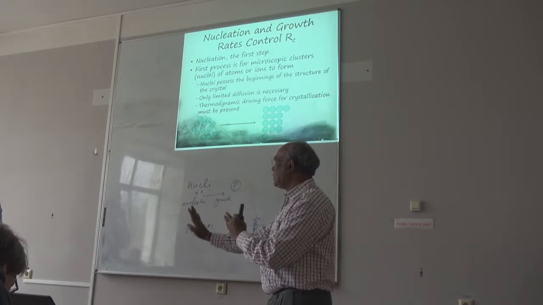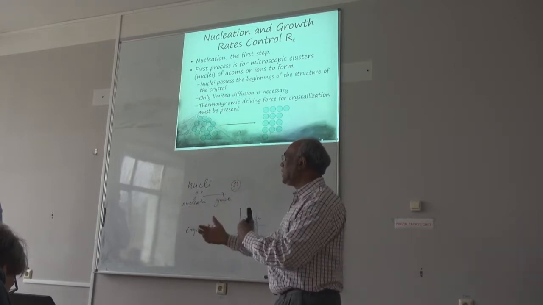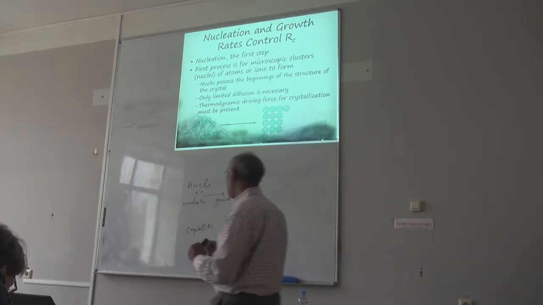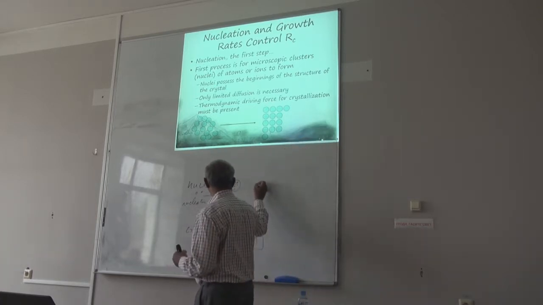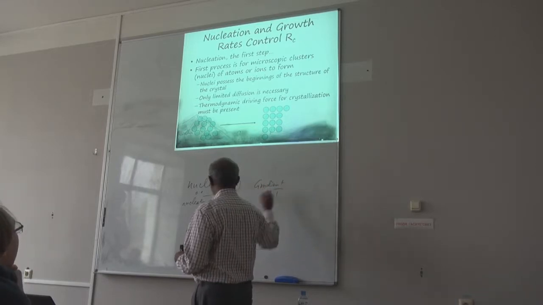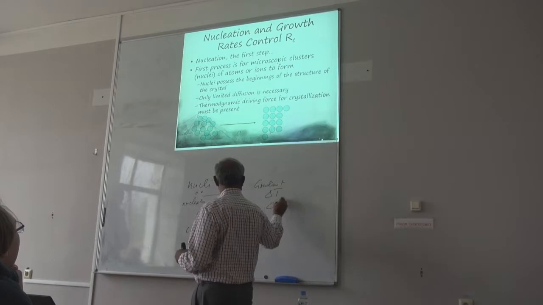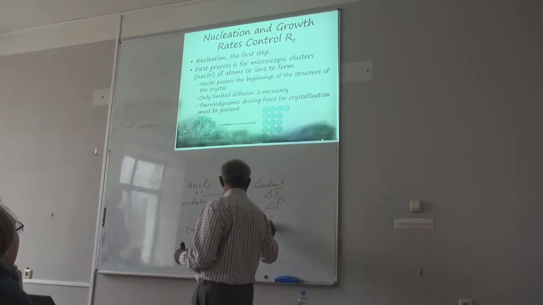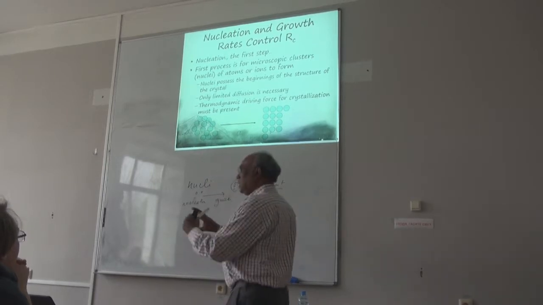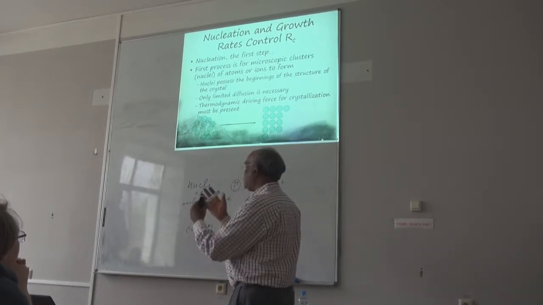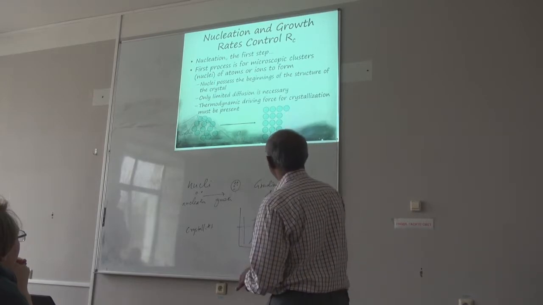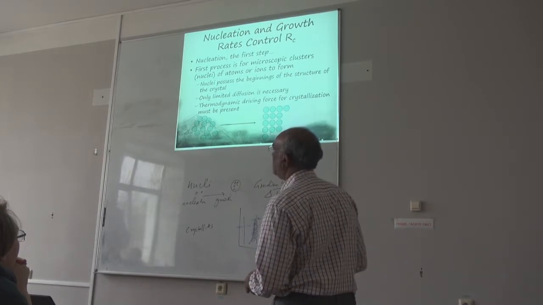To have the diffusion, we need some thermodynamic force. That can be anything: a temperature gradient, a pressure gradient, or a concentration gradient. Any of these thermodynamic forces should drive it to make the nanoparticle.